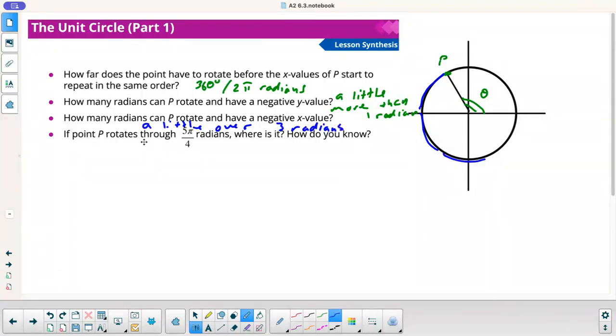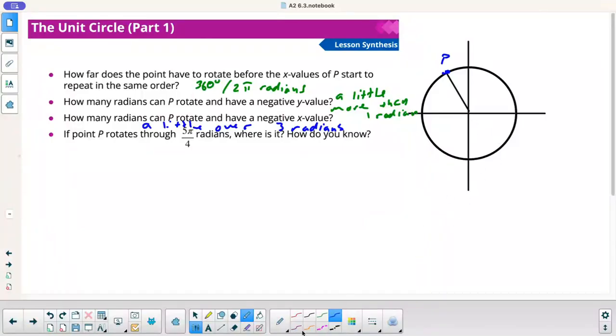If point P rotates through 5 pi over 4 radians, where is it? How do you know? Okay, so 5 pi over 4. A full half circle is pi radians.